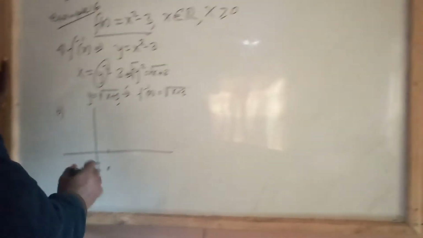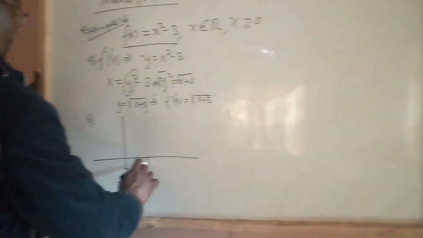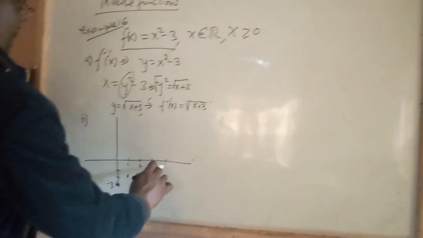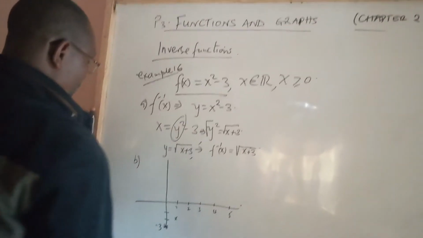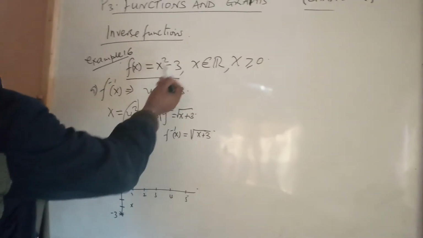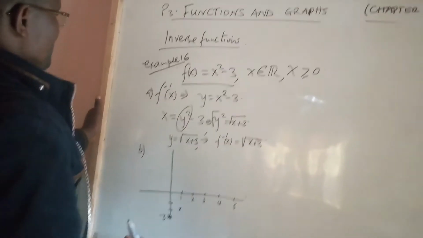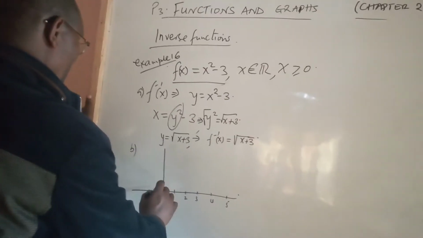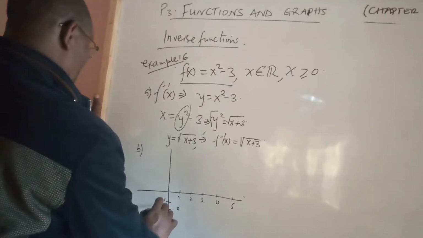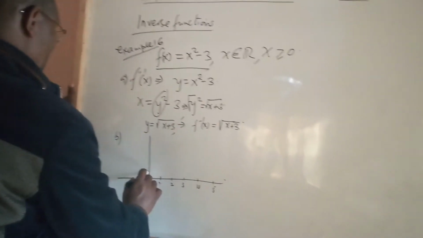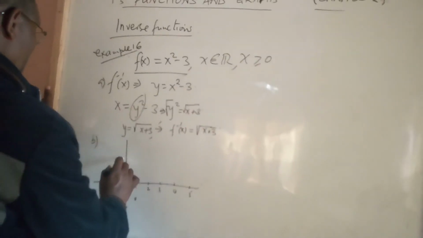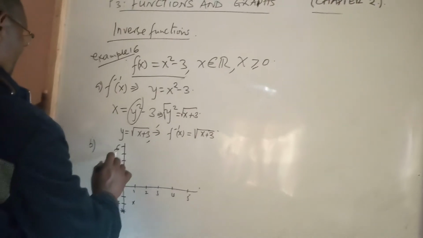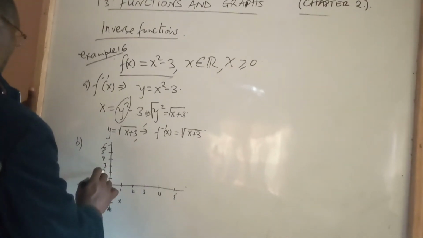When x is 2, 2 squared is 4, 4 minus 3 gives minus 1.